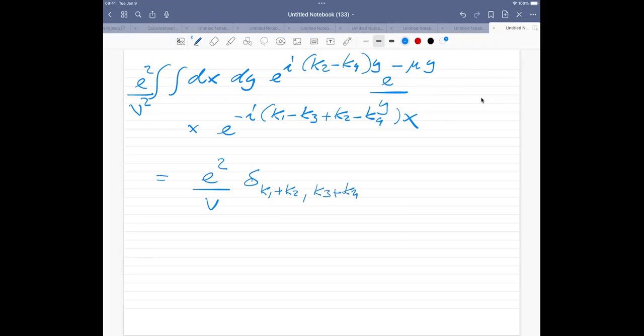And this is multiplied again with the integral over dy. I don't need to put the x here. dy. And then I have e^{i(k2 - k4)y} multiplied with e^{-μy} divided by y here.